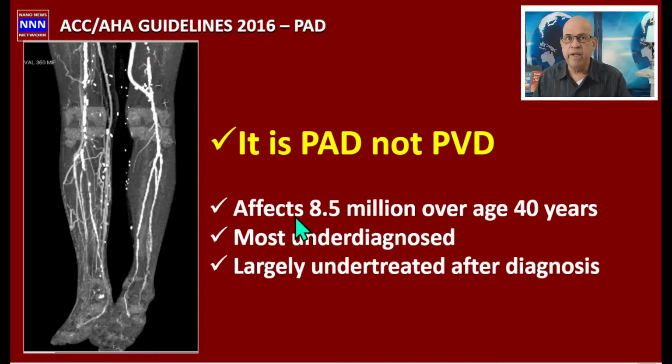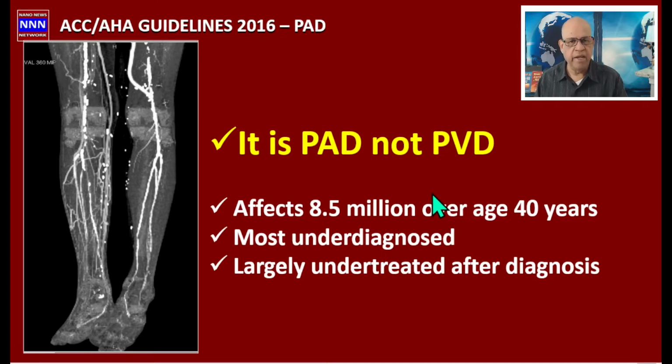Approximately 8.5 million people over the age of 40 years in the United States have some degree of peripheral arterial disease or symptoms related to peripheral arterial disease. Most of these patients are underdiagnosed, and even when they are diagnosed, largely they are undertreated for their diagnosis.